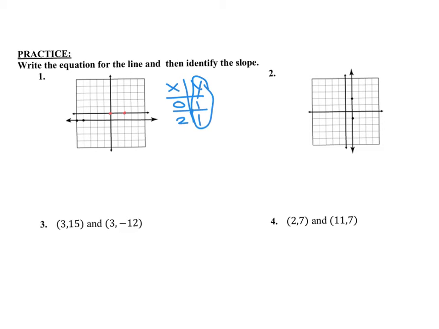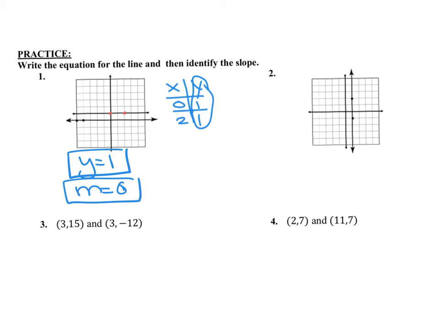Notice the pattern that we have, y is equal to 1. So our equation for this one is y is equal to 1, and it's also wanting us to identify the slope. Well, the slope in this case, notice how it's not going up and over. It's just straight across. So our slope is equal to 0.